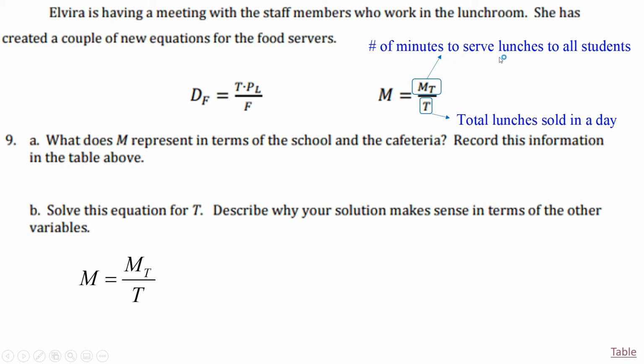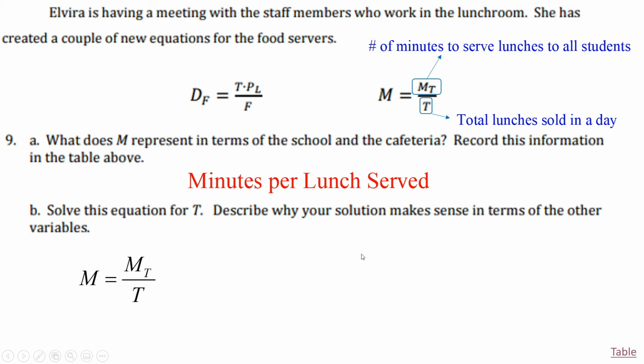Number of minutes to serve lunches to all students. So that's the total time divided by total lunches sold in a day. So wouldn't that M represent the time to sell anybody a lunch? So let's think about that. Minutes per lunch served. Good.